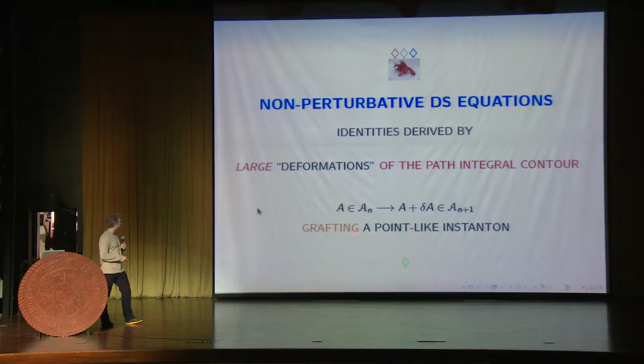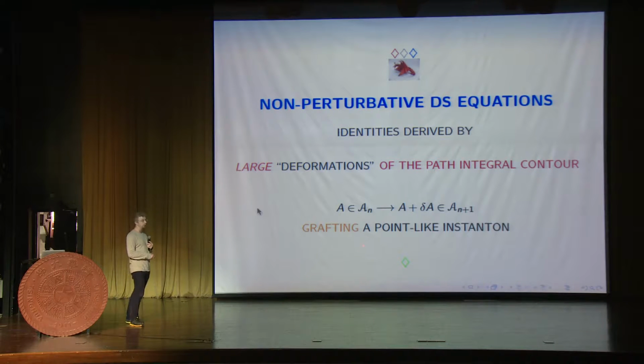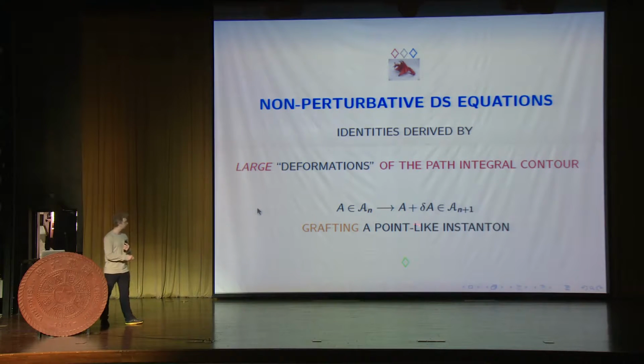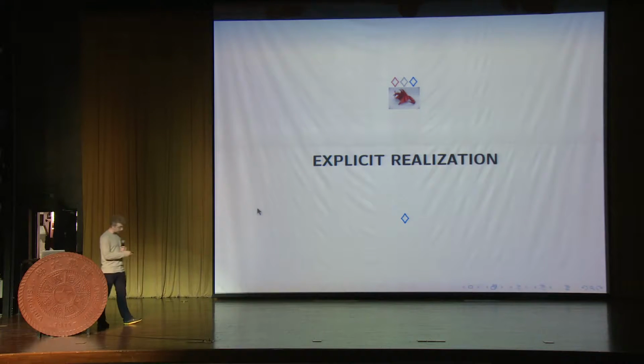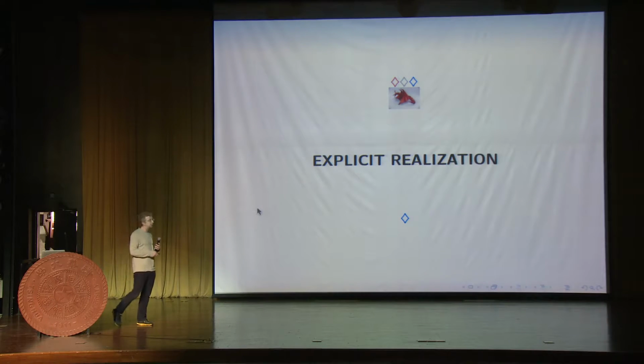So you would like to graft into your given gauge field configuration an almost point-like, small size instanton, and so you will land in a different instanton sector. And hopefully, by comparing the path integrals on these two sectors, you can derive new identities between correlation functions. So this sounds vague and almost impossible because, after all, changing the topology is not a small thing.